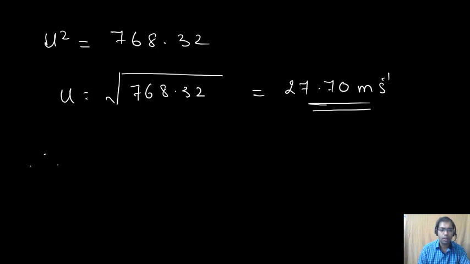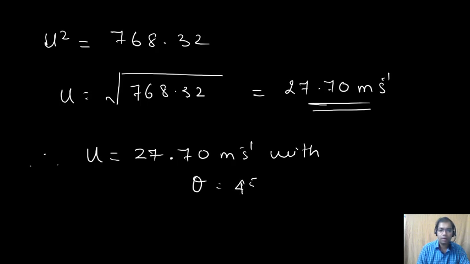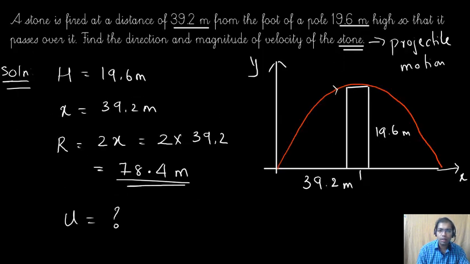So therefore I can tell the magnitude of velocity is 27.70 meter per second with an angle of 45 degrees with respect to the base. So here if I go back, I can tell that this angle is 45 degrees and the initial velocity is 27.7 meter per second.